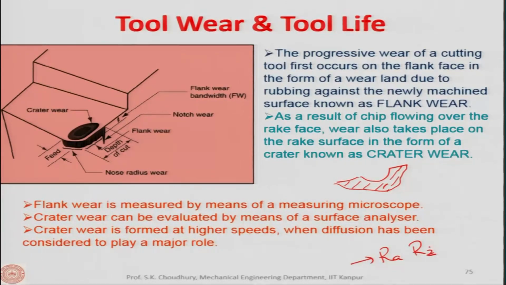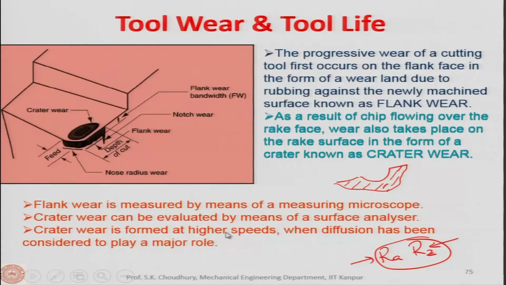These are the values measured in the case of surface roughness, and of course the Brinell hardness. Those things we have discussed during the discussion of materials and properties. Ra and Rz, those values we will again discuss in more detail in metrology.